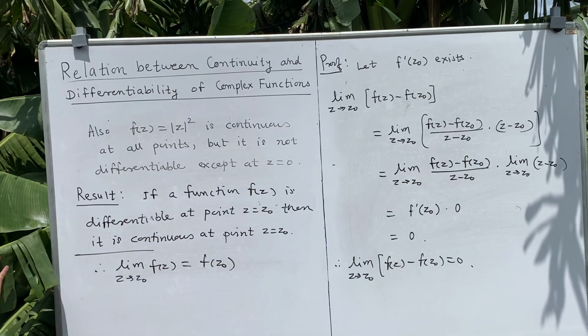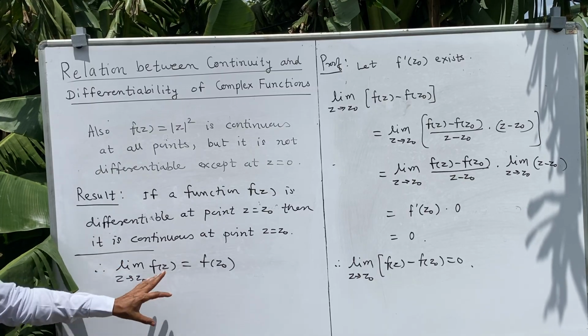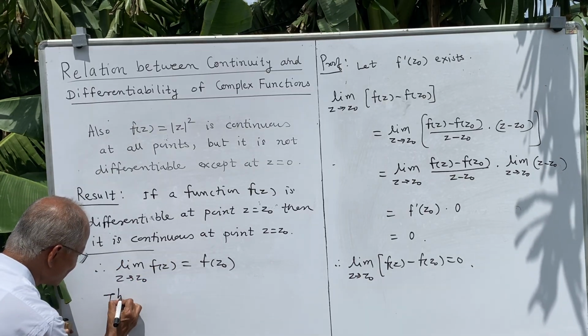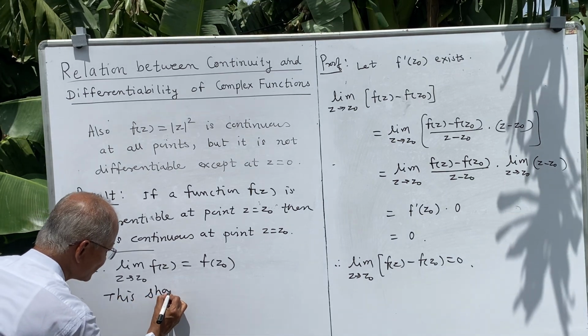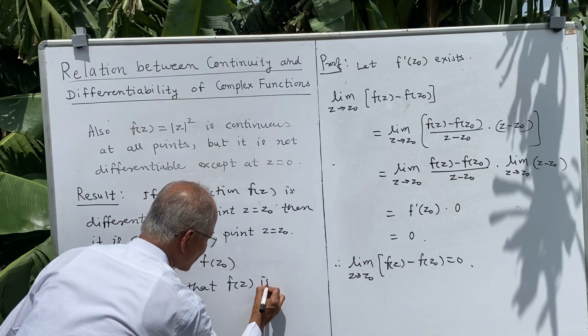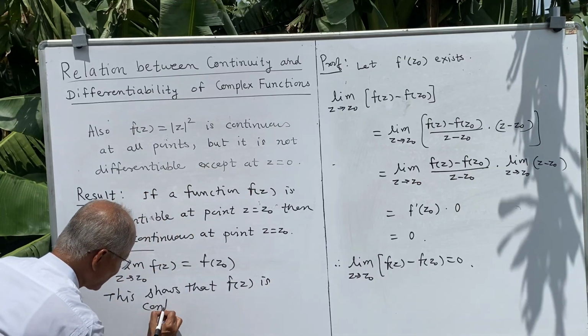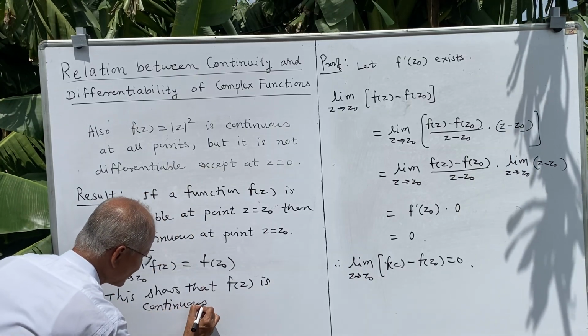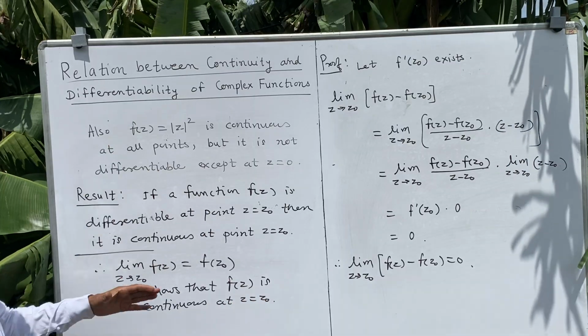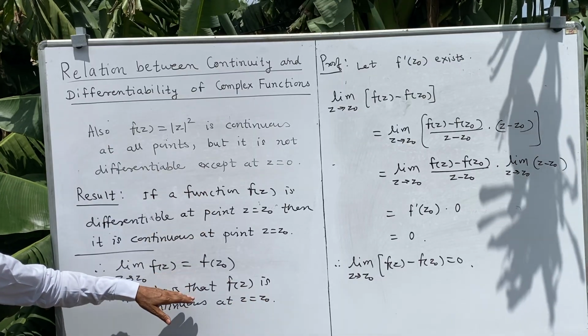If this limit exists and these are equal, then the function is continuous at z0. So this shows that f of z is continuous at z equal to z0, and thus a differentiable function is continuous.